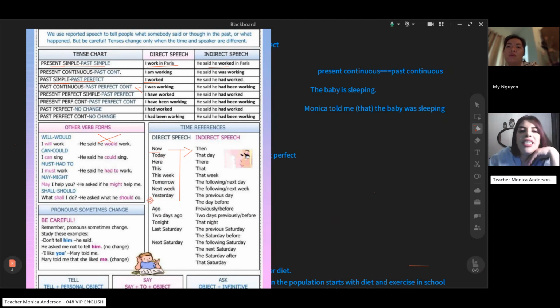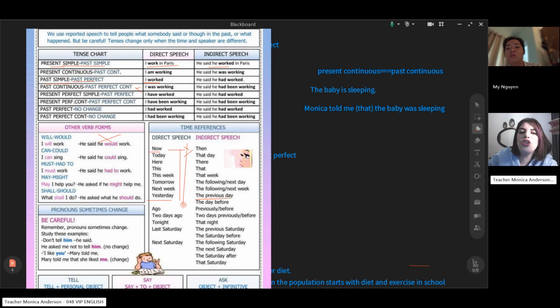Or for example, yesterday: we went out yesterday. Monica said that they had gone out the previous day. Yesterday, the previous day.